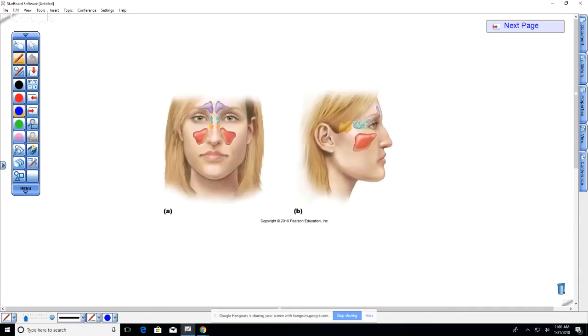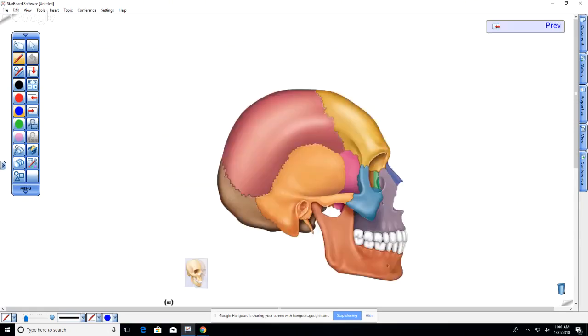Okay, so as a review, we can talk about the bones of the skull. And so what is this bone right here? That's the frontal. Is there one or two of those? Just one. How about this one back here? Occipital.